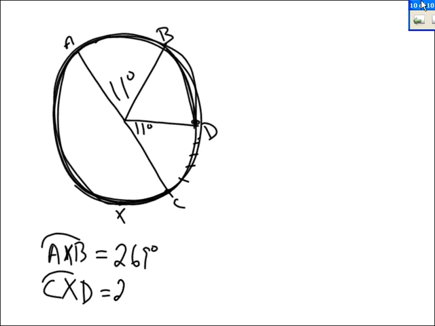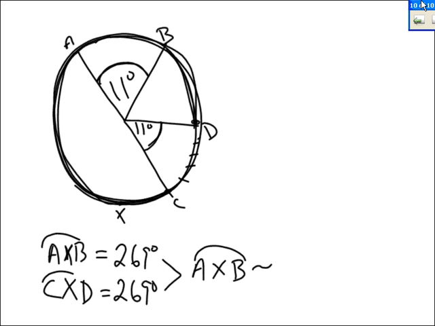That's also going to be 269 degrees. So we can conclude that if the central angles are equal, then the major arcs that these central angles cut off are also equal. Again, they came from the same triangle. That is, the radii are the same.